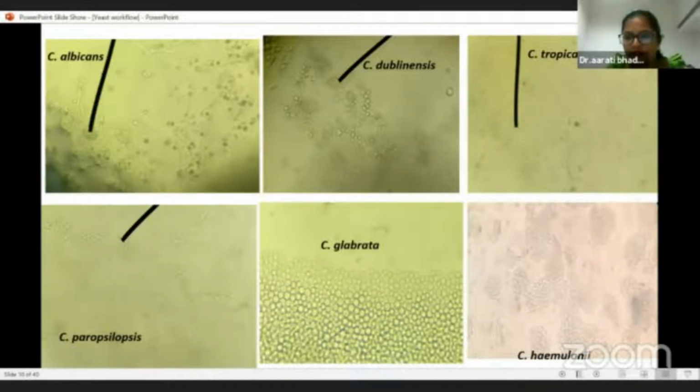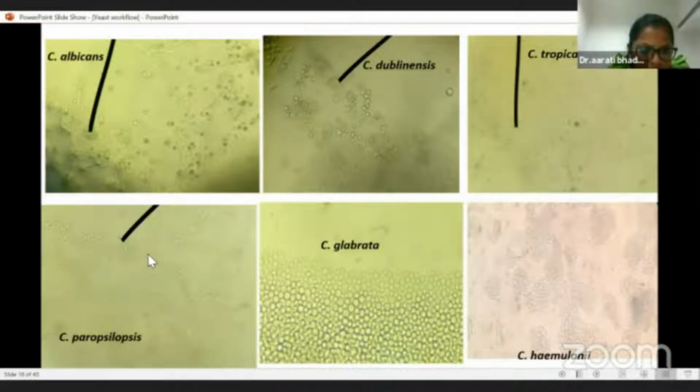So this is the Dalmau plate method. Here you can see the microscopic appearance of C. tropicalis: long pseudohyphae along with teardrop-shaped cells, giving a lace-like appearance. This is Candida tropicalis with long pseudohyphae. Here, this is Candida parapsilosis.